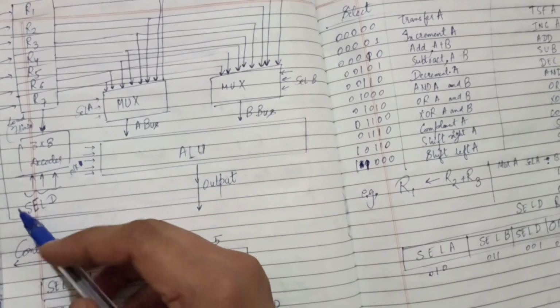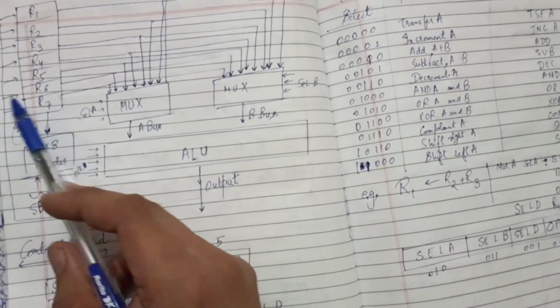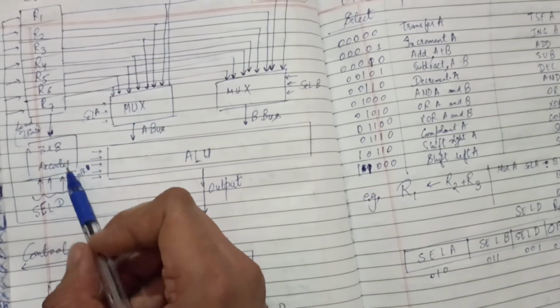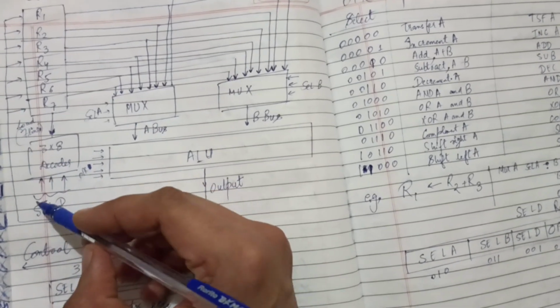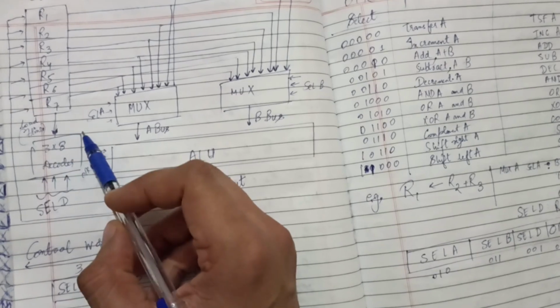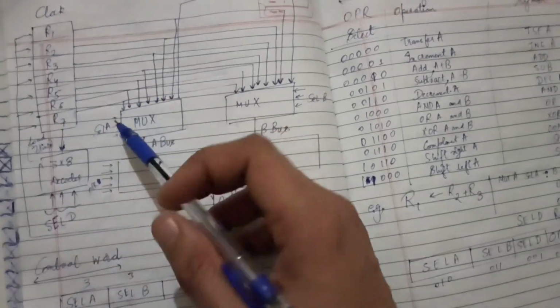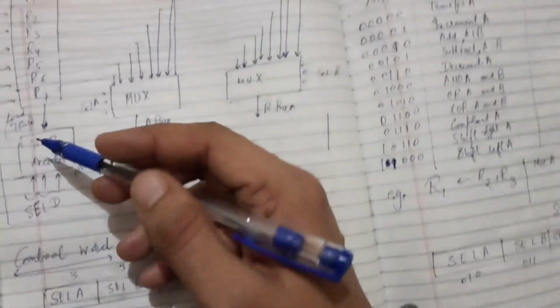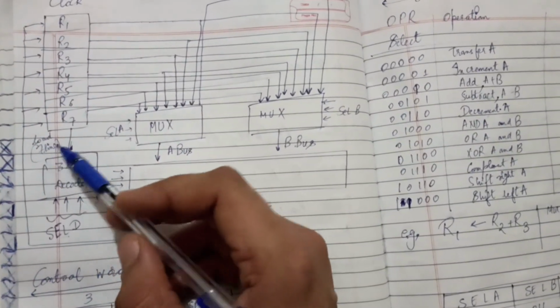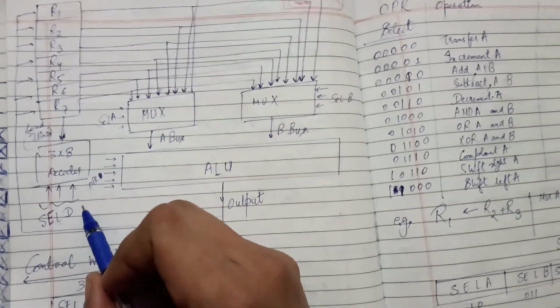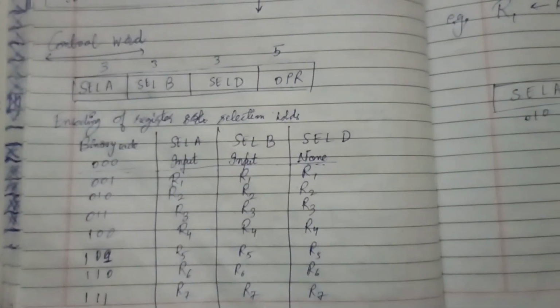The output then goes again to these 7 registers, and then we have a 3 by 8 decoder. The decoder selects which register is going to be selected, which we will see in the later part. Here we have 7 load lines, and here we have selection D for the decoder.